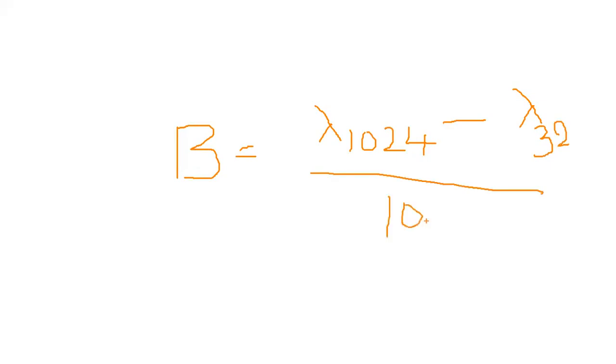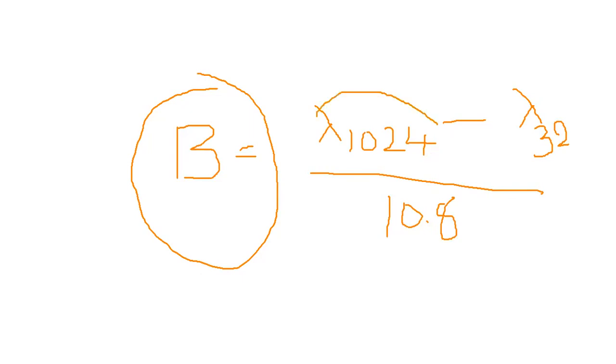This formula tells us the basicity value for the unknown compound. For this, we have to prepare 2 diluted solutions: one at lambda 1024 dilution and the second at lambda 32 dilution. By substituting these values in the formula, we can finally calculate the basicity.